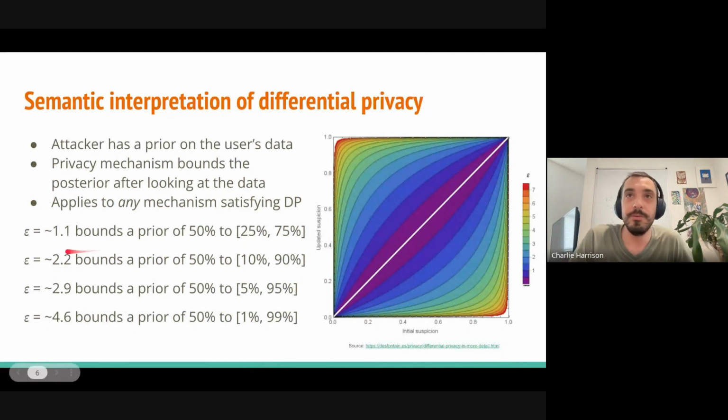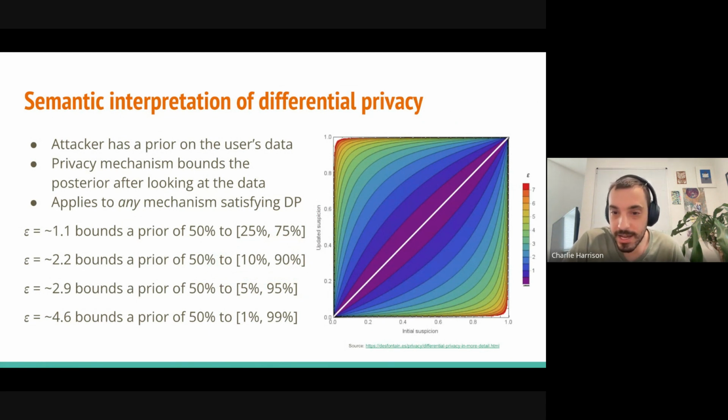And so you might stare at a chart like this, consider an adversary that you're trying to protect against, think about what priors they have on this sensitive data from any user, and think about our comfort with it being updated to whatever this chart says it would be updated to.